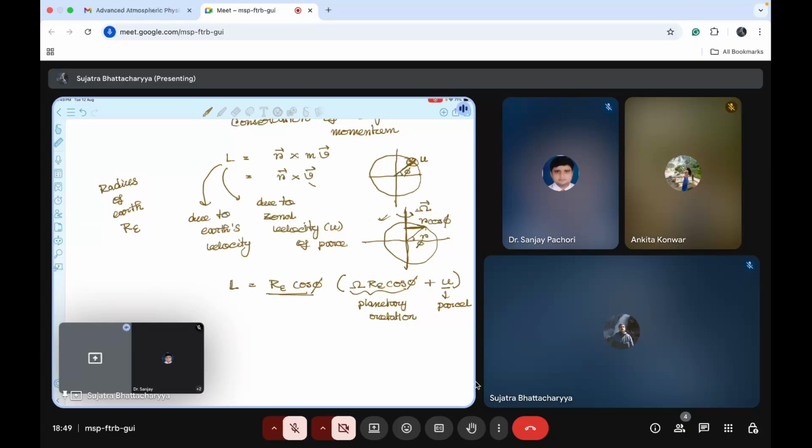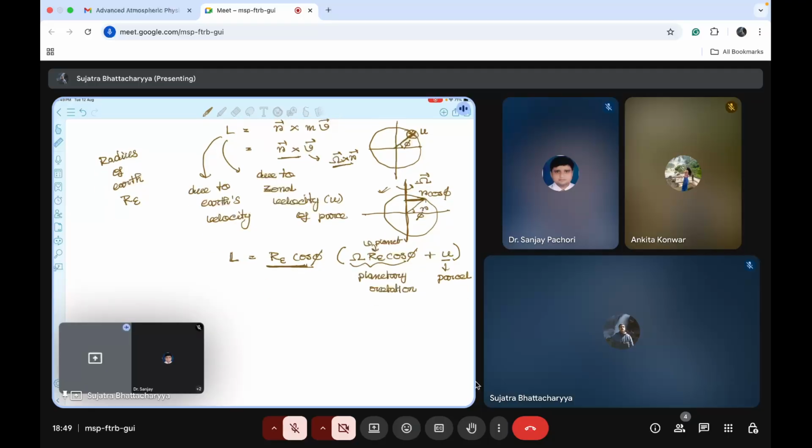So this v can be written as omega cross r. We all know this, right? So that is what we are doing. So this is the v, the omega cross r, of the planet. Okay, omega cross r. But angular momentum is r cross v. So this comes here. Okay, and this cross product goes because of the perpendicular direction.